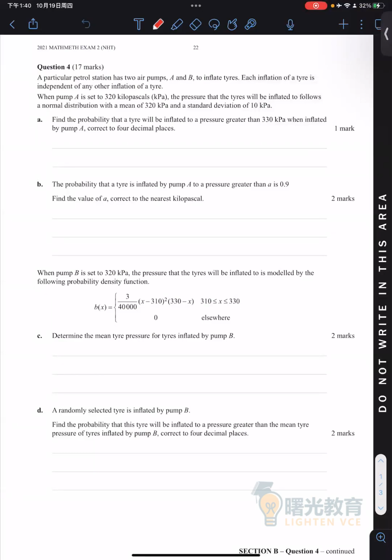I know everyone taking Math Methods is hard at work preparing for the incoming final exam. So today I bring out my favorite topic about the Math Methods Exam 2, probability and statistics. This question is from the 2021 Northern Hemisphere test.